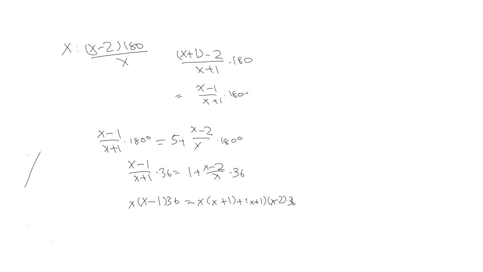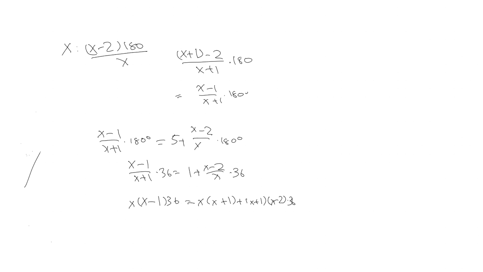After simplifying this polynomial and canceling out the terms, we should get x squared plus x minus 72 equals 0 in standard form.